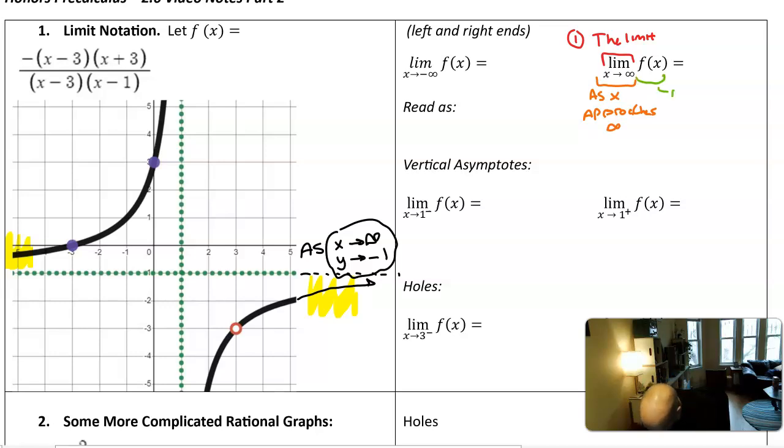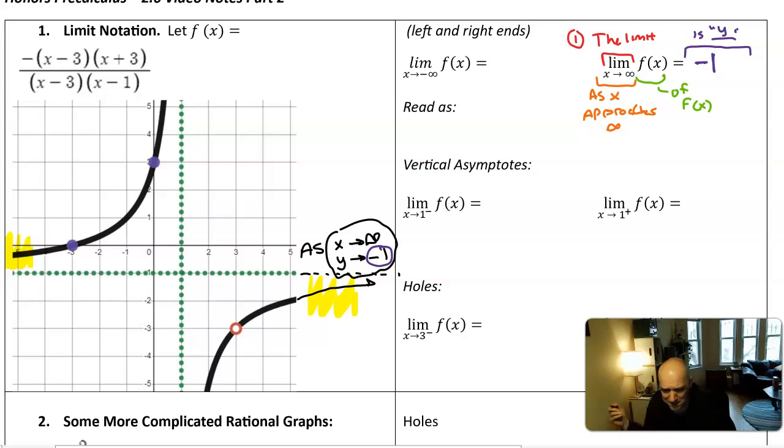We say f of x. And then finally we say is, whatever the y value is. So as x approaches infinity, y approaches -1. So we would say the limit as x approaches infinity of f of x equals -1.